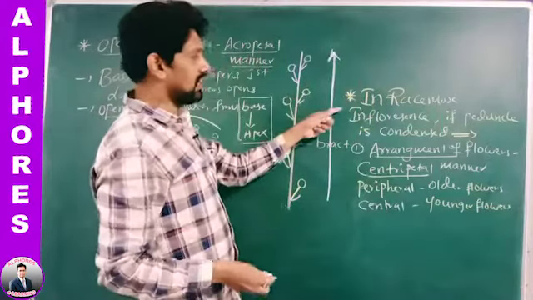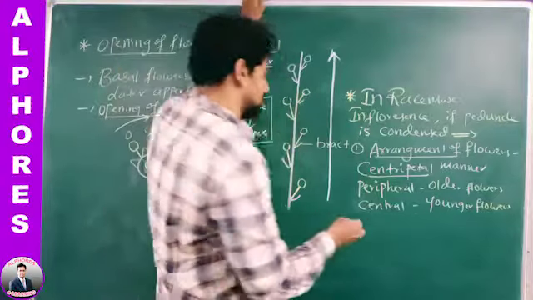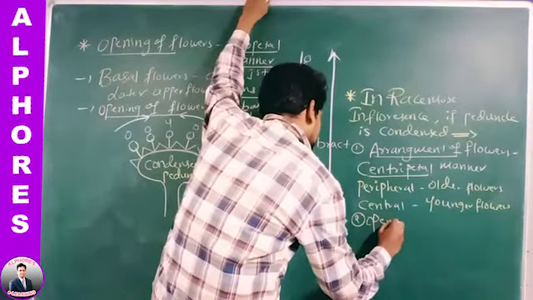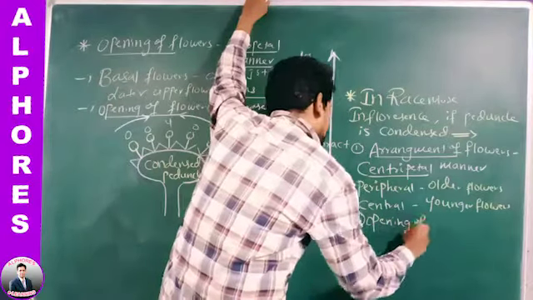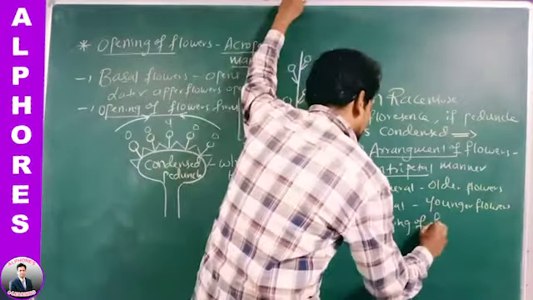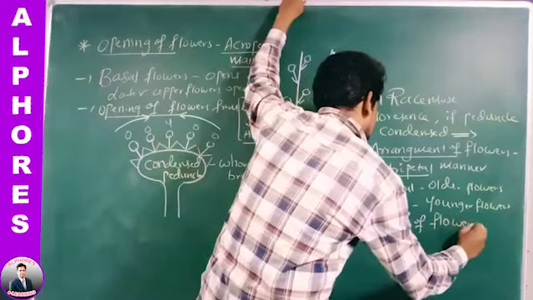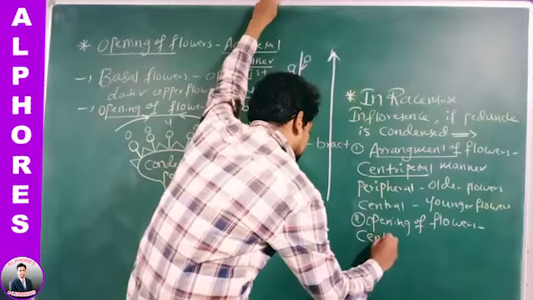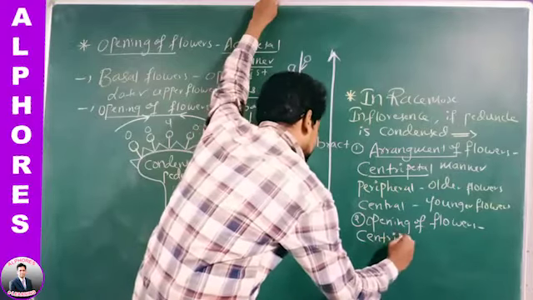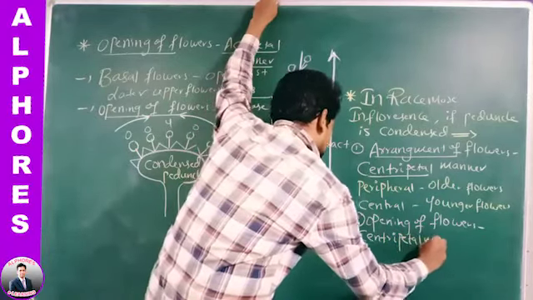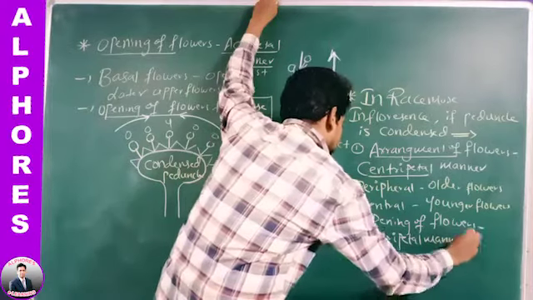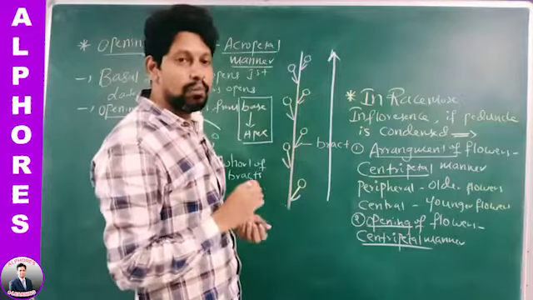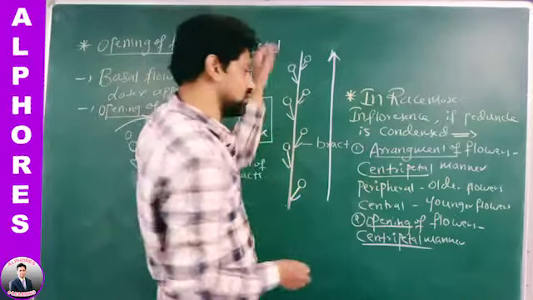Okay. Sir, in racemose inflorescence, if peduncle is condensed, number two, opening of flowers. Opening of flowers, which manner? Centripetal manner. It means opening of flowers proceeds from periphery to center.